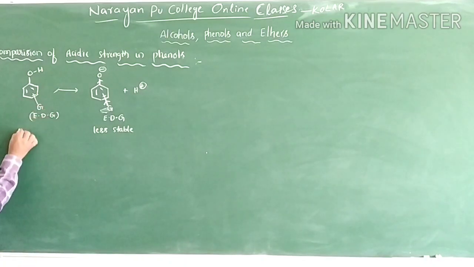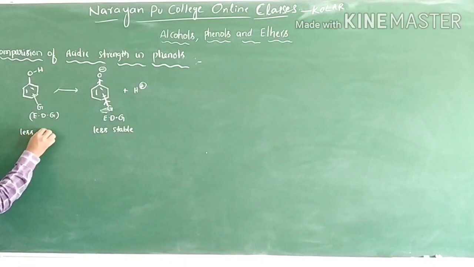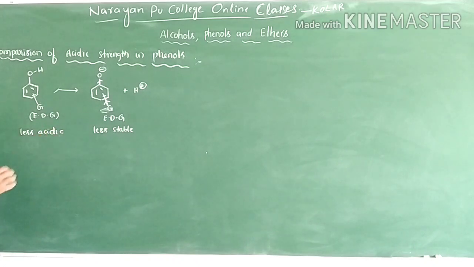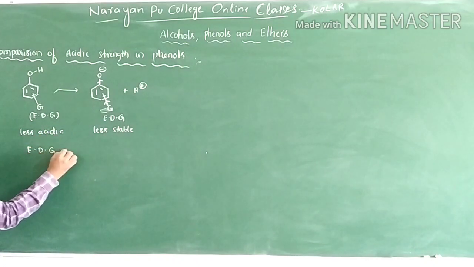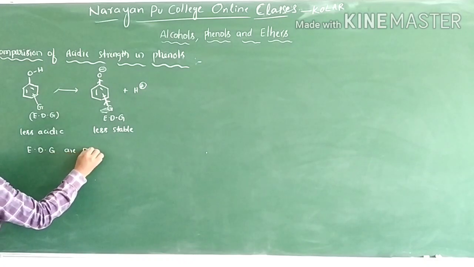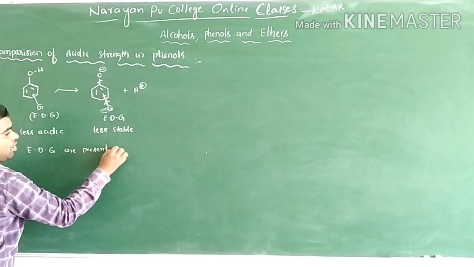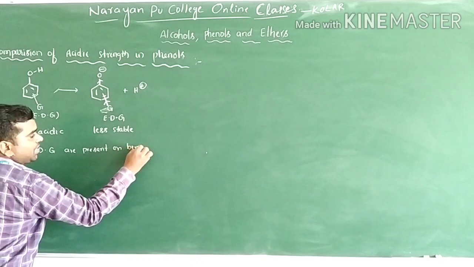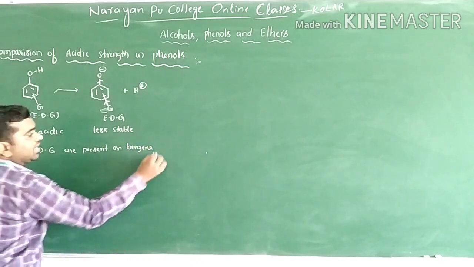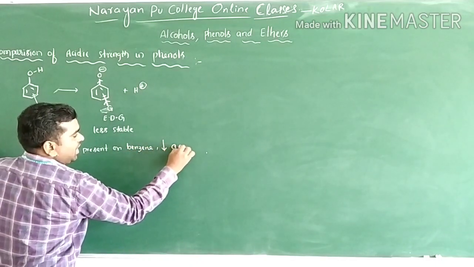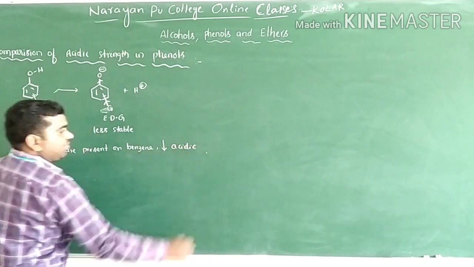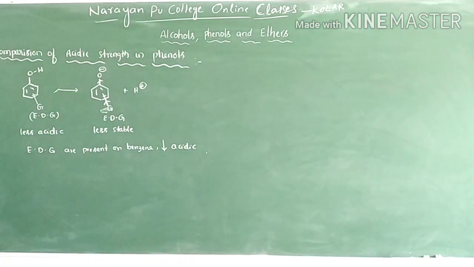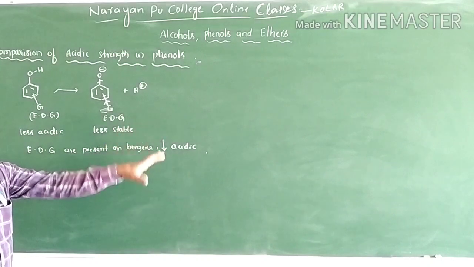So that's why it is less acidic. Whenever electron donating groups are present on the benzene ring, it decreases the acidic strength of the phenol.